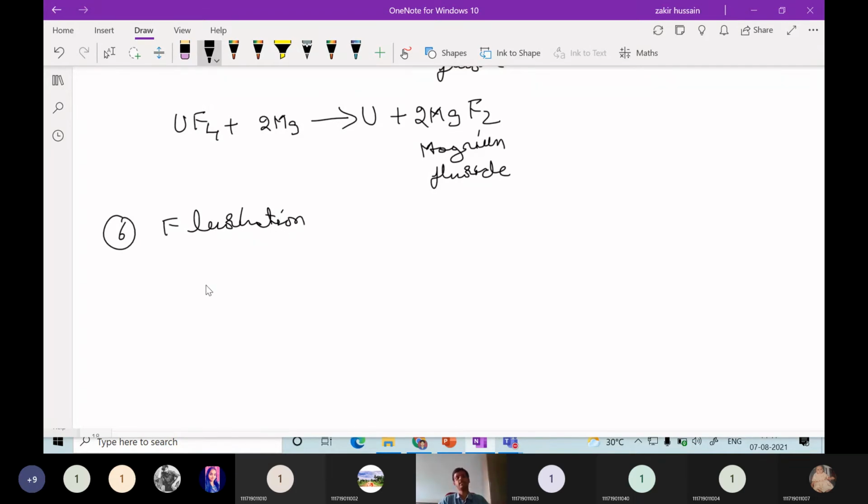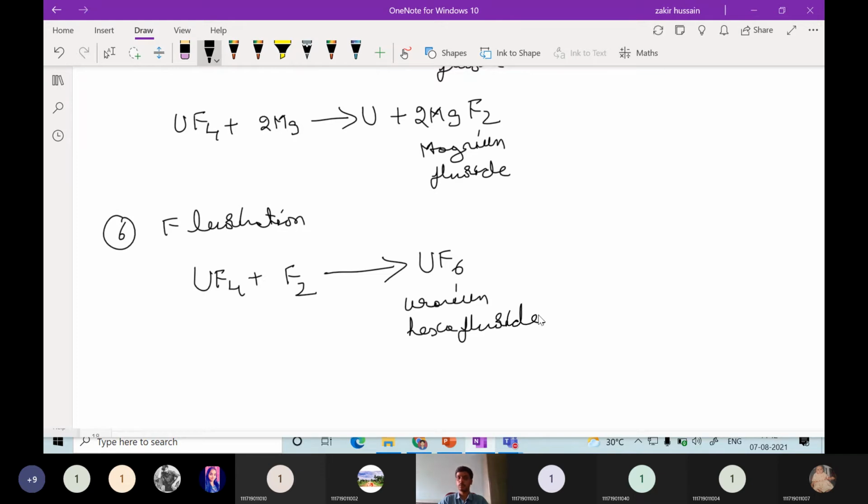So what is the fluorination reaction? It is nothing but UF4 plus F2, then you will be getting UF6. The 6 means hexafluoride.